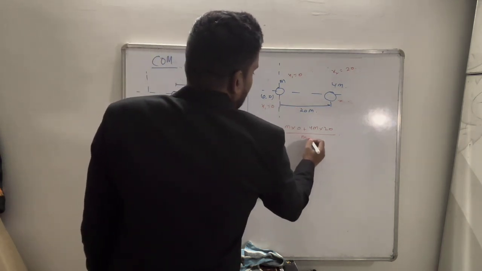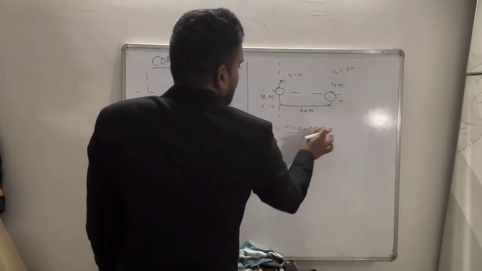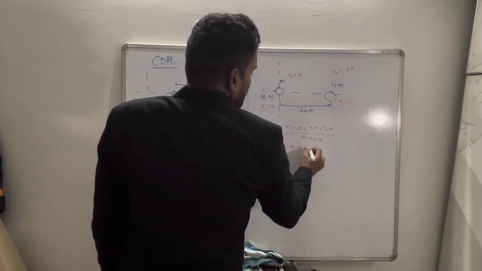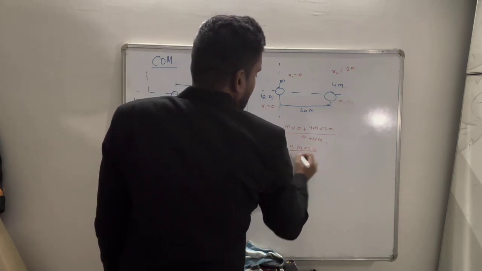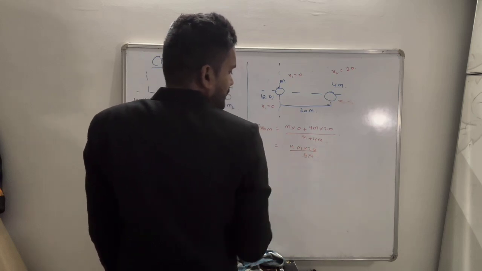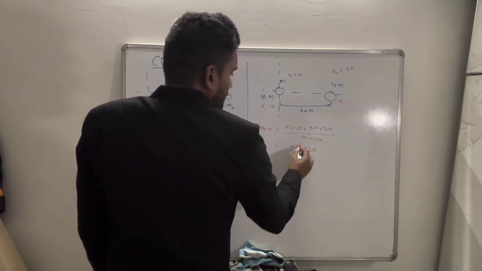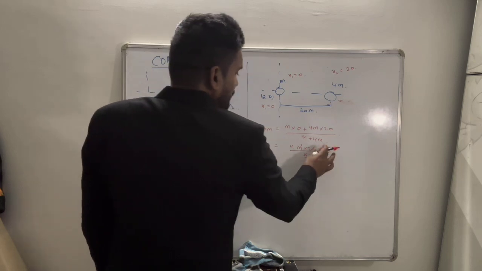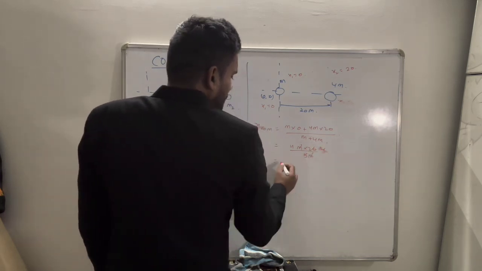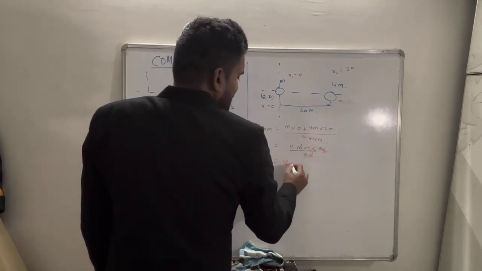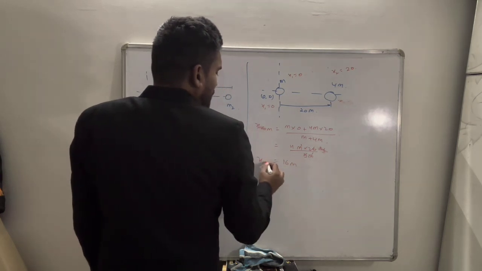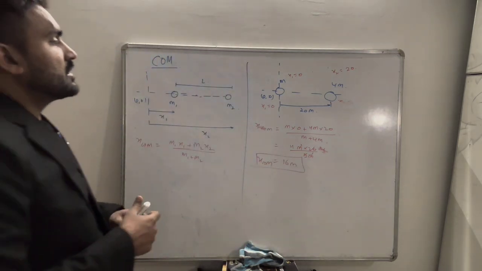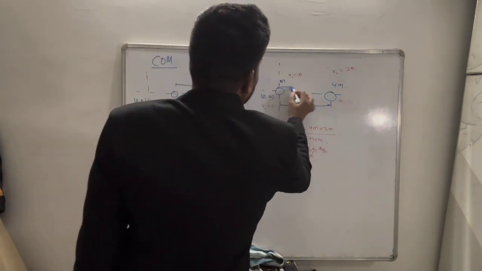That is m plus 4m, right? So this will be 4m into 20 by 5m. So m and m cancel. 5 4s are 20, so 4 into 4, that is 16 meter. So the x center of mass will be 16 meter from the origin.